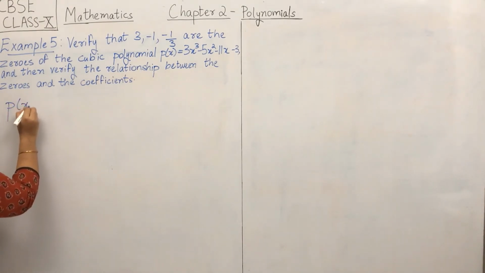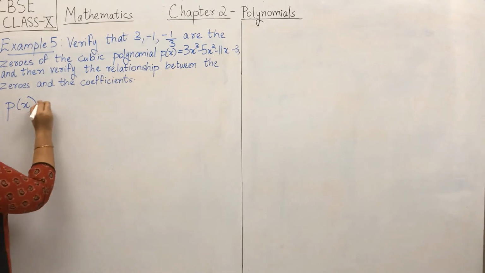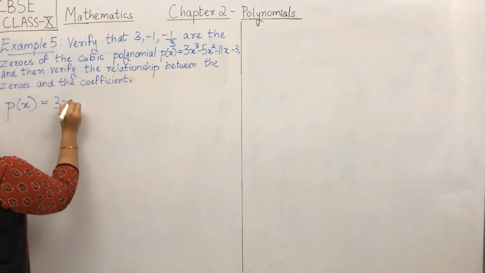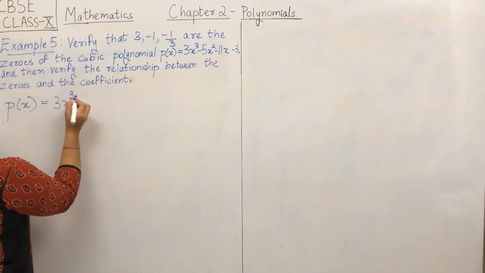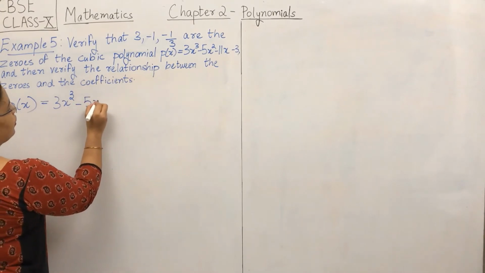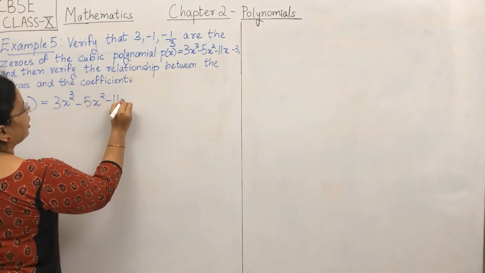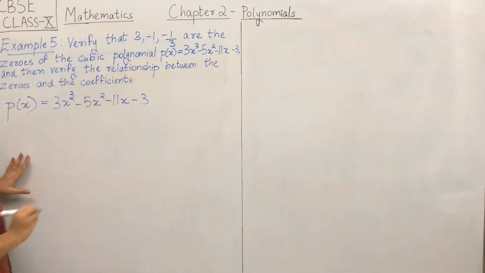So what is p of x? P of x is 3x cube minus 5x square minus 11x minus 3. Right? This is p of x and we need to check.